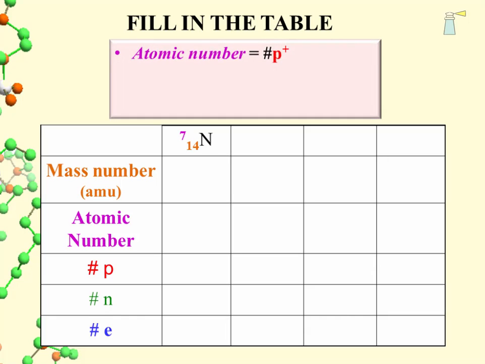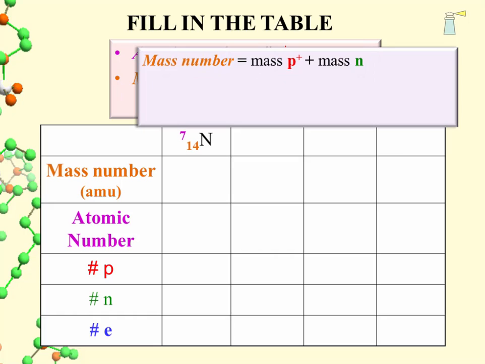The atomic number is the number of protons in the nucleus. The mass number is the mass of protons plus the mass of neutrons. We can perform a bit of mathematics on this equation and come up with a new equation that solves for the mass of neutrons.